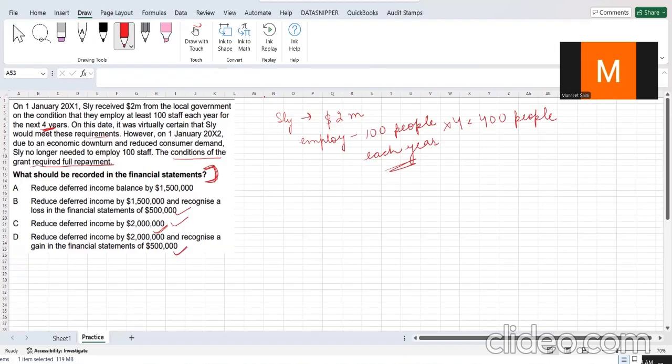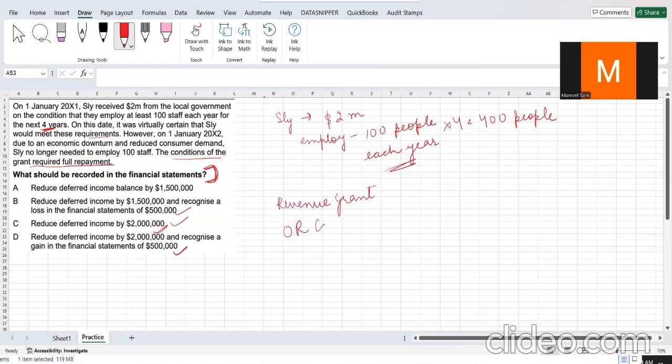So, guys, first thing, you are repaying something. If you're repaying something, do you think there should be a gain in the financial statements? Very obviously not, right?